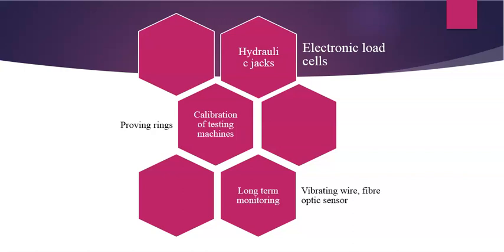The first one is hydraulic jacks. What is a hydraulic jack? Hydraulic jacks are often used to lift the elevator in low and medium rise buildings. The second one is an electronic load cell. It is a type of transducer that is used to convert a force into electrical signals.